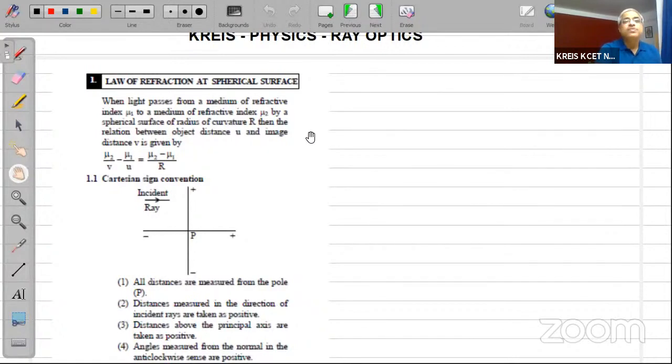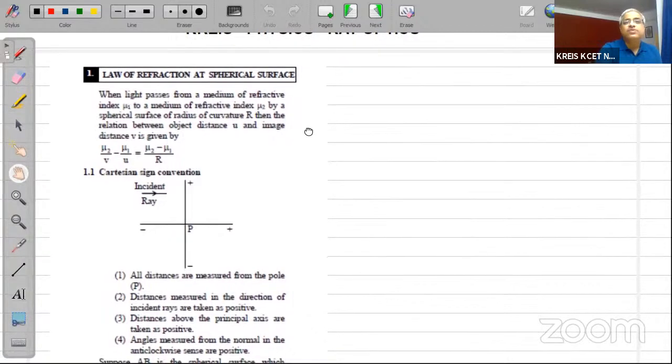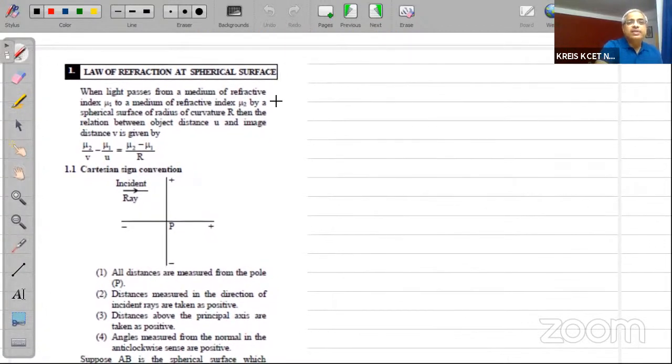Spherical surface. All right, students, once we come to the spherical surface, there are a few things that we need to be careful about. What do you mean by a spherical surface which can refract? This is a spherical surface which separates two media, maybe a rarer medium from a denser medium. That interface now has a spherical shape. Whenever you have a spherical shape, there are a few things we always define.